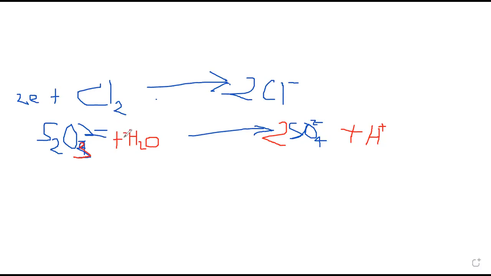When I put a 5 there, now my oxygens are balanced. What is not balancing in this equation now? Which atom is not balancing? The hydrogens.